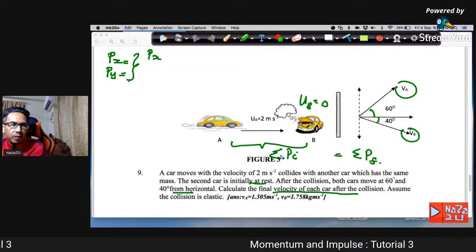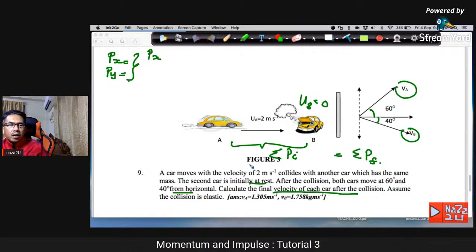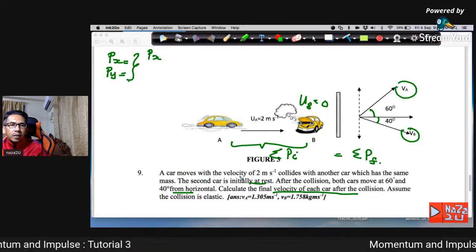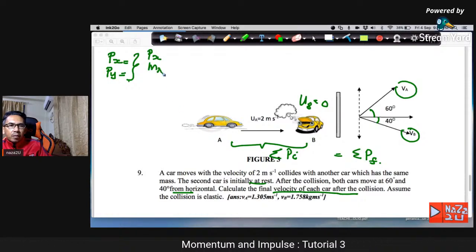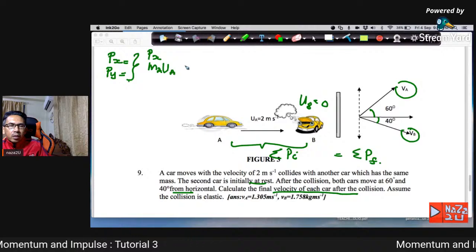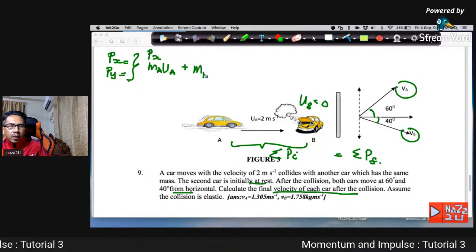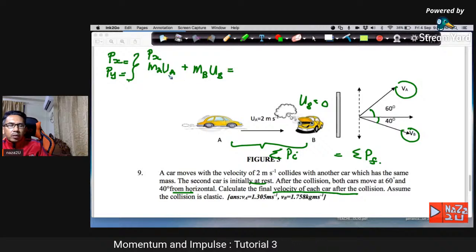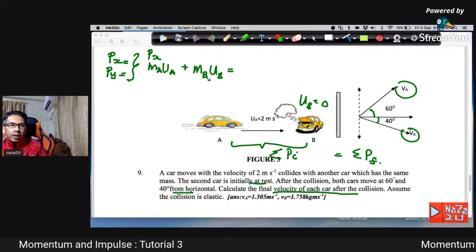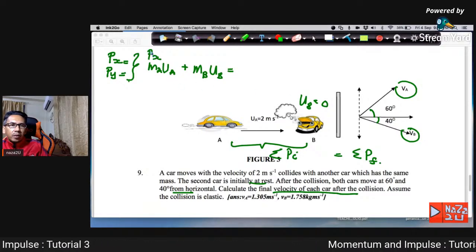The before is the mass of car. Dia tak bagi kat sini. So just terus this is MA, car A, times UA plus car B, UB is equal to, this is X, right? We use the X. This is for the X axis.